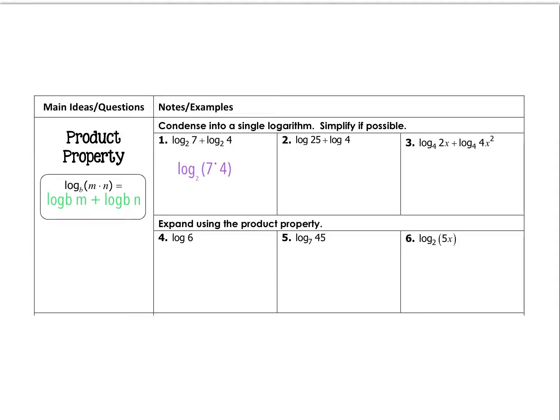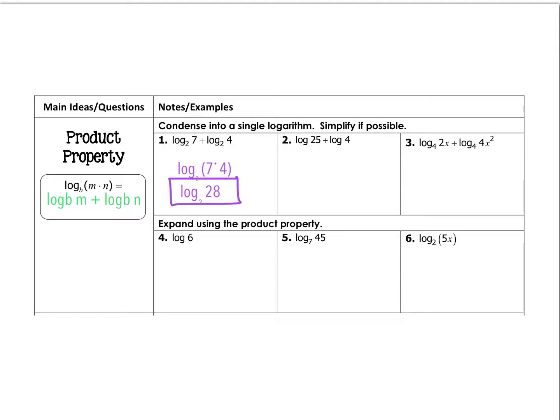So I can say that log base 2 of 7 times 4 is going to be the same. So I've condensed it into a single log. Here it was 2 logs, and I was able to use the product property that says addition actually means multiplication when I have the same log and base. And then I just simplify 7 times 4. And so my answer here is log base 2 of 28.